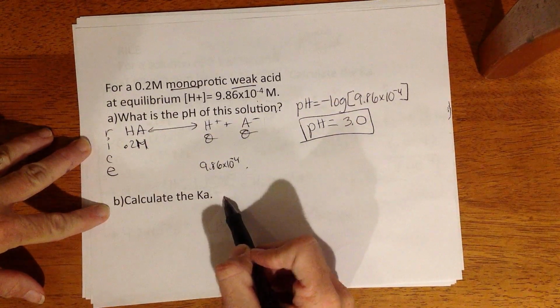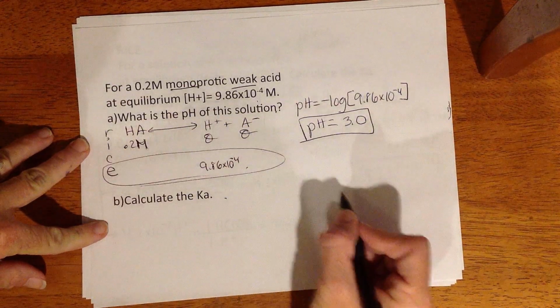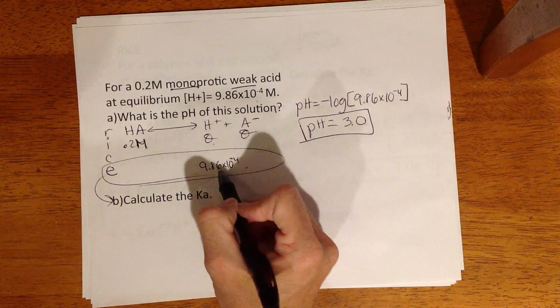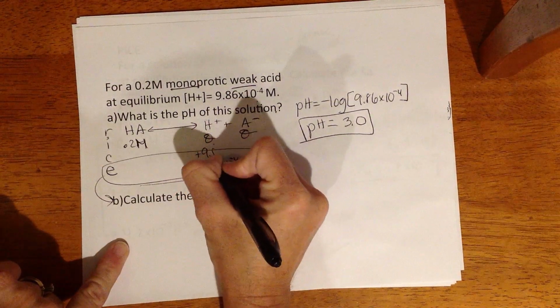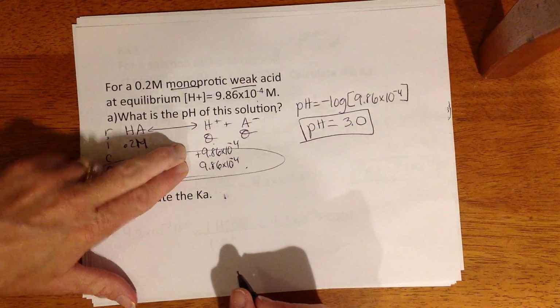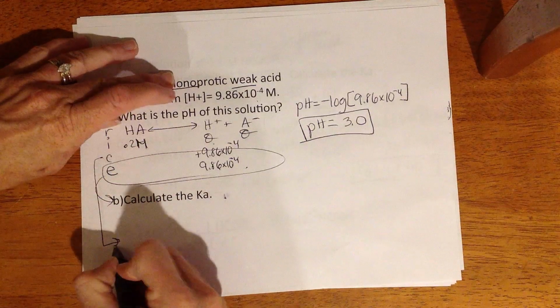Calculate the Ka. So now for the Ka, I'm going to need all of these concentrations to get my Ka. So now I have work. If I start with none and I have this, then I've gone up that amount. I'm doing my change stuff down here.